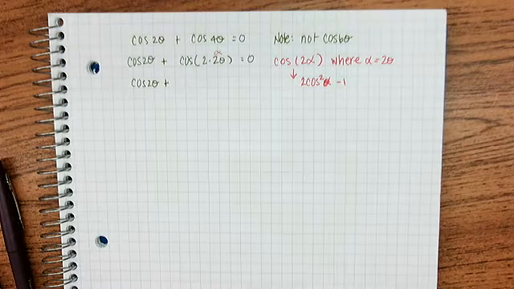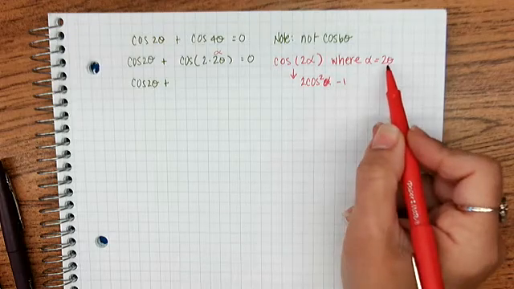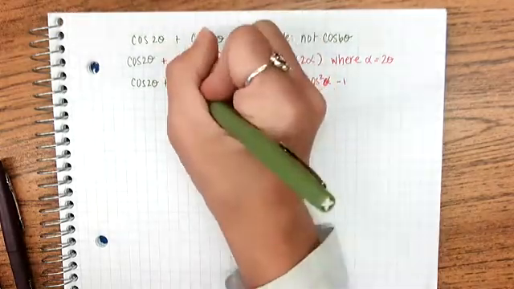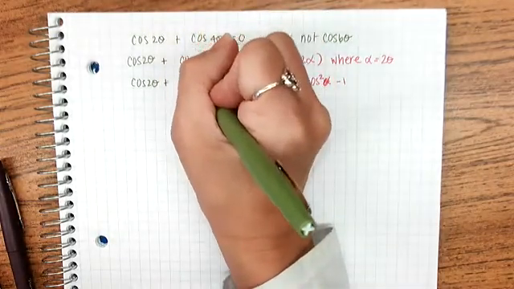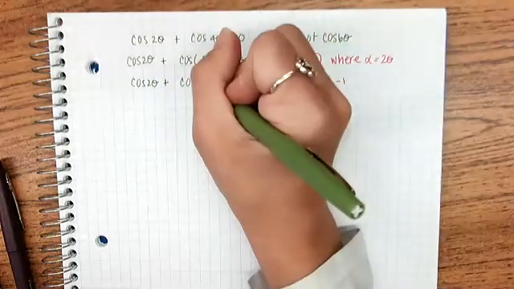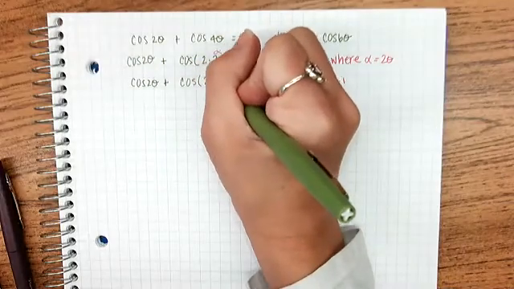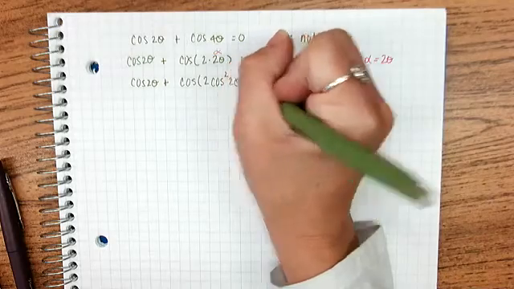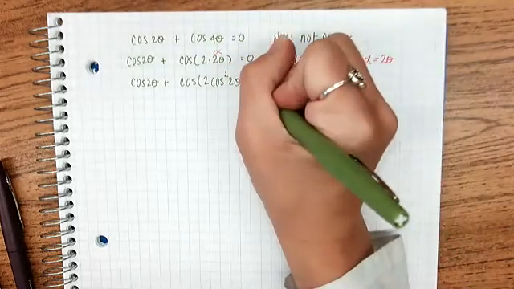Okay. But alpha is really 2 theta. So this becomes the cosine of 2 cosine squared 2 theta minus 1.